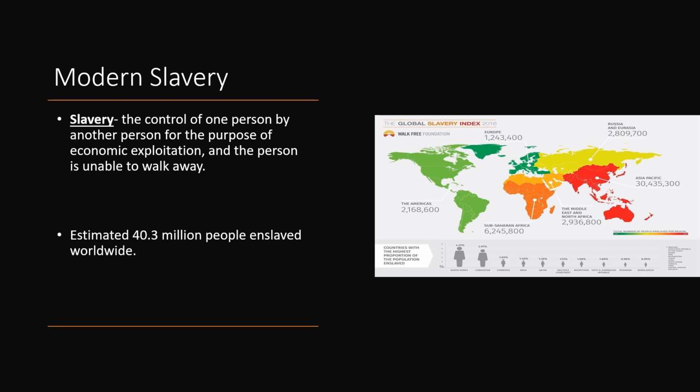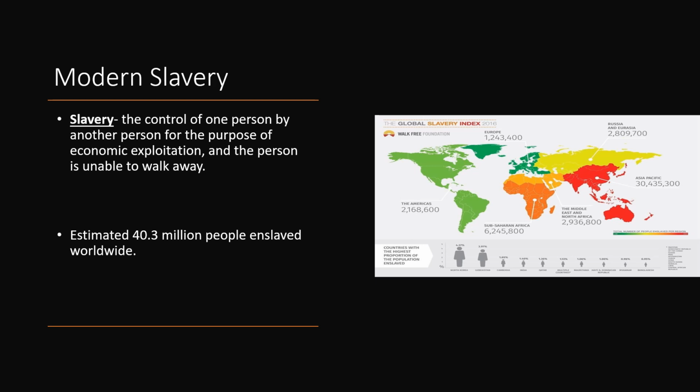But I just want to go over some statistics with you. 71% of the slavery population is female. 75% are adults and 25% are children. At least 2.5 million slaves were trafficked. We're going to talk about human trafficking here in a little bit, but human trafficking is a form of slavery.